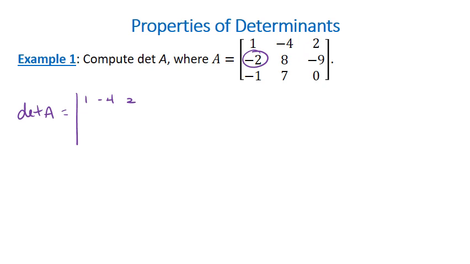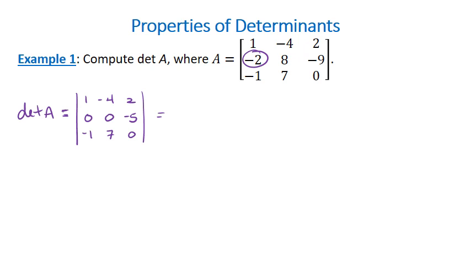When I multiply the first row by 2 and add it to the second row, I get the following. And then I'm just going to keep that third row as is. Okay, now remember with row replacement, it does not change the determinant, so I can proceed.